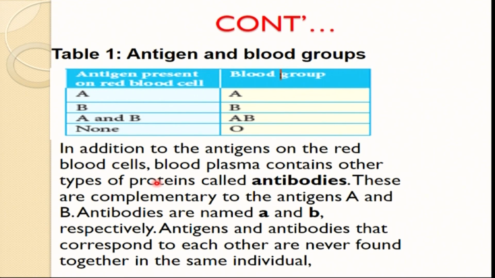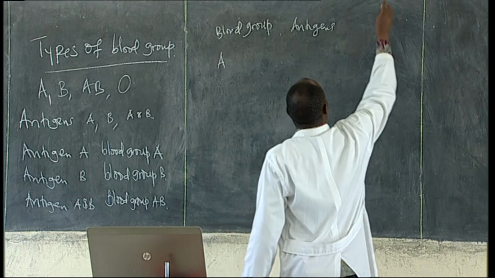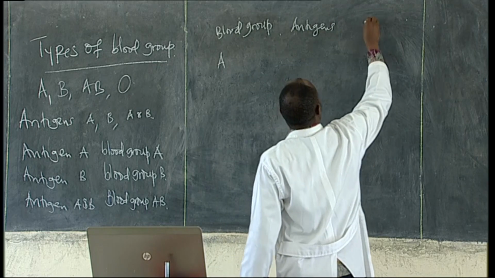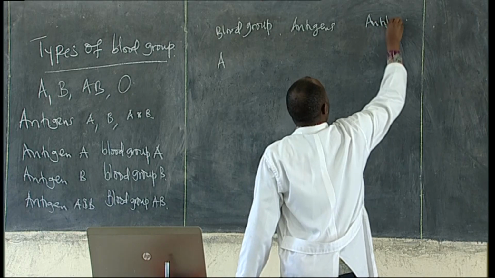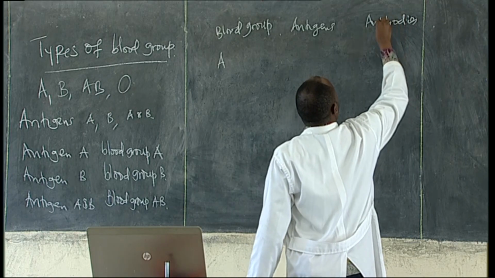When you have blood group A, here we have antigens and here we have antibodies. You have to go through this and understand it very well.